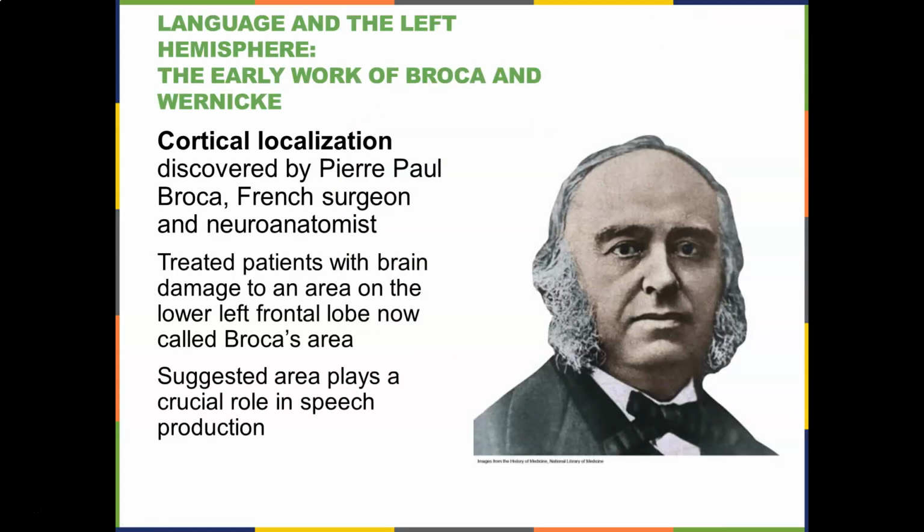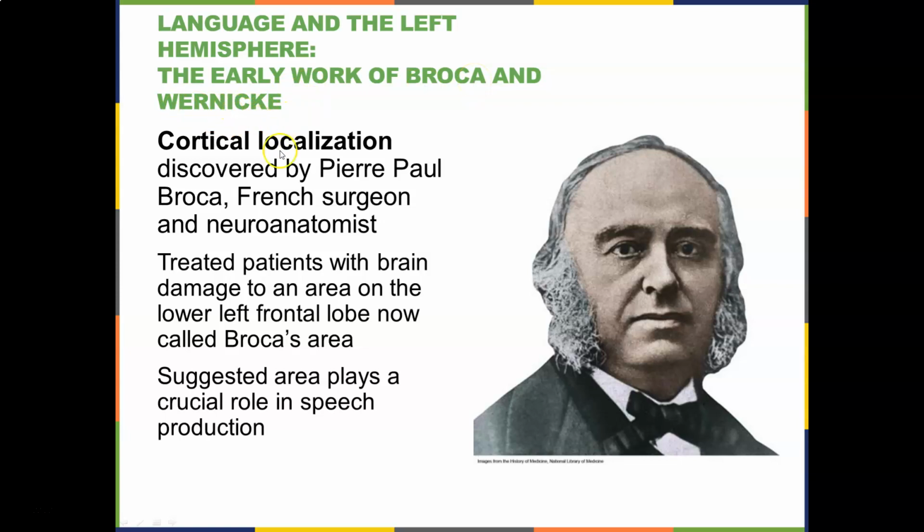Okay, there were two different parts of the brain that were explored by two different people here, and these are really important just to be aware of, okay? And these two people were named Broca and Wernicke.